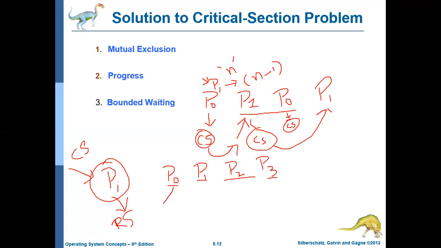First P0 should be allowed to go to the critical section. Once P0 completes, P1 should be allowed, then P2, then P3. After P3, if Pi wants again, then Pi should get a chance. So this is called bounded waiting.